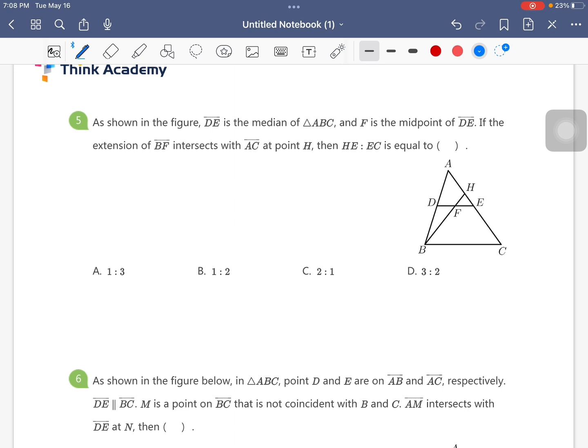Okay, and the fifth question: DE is the median of the triangle ABC, and F is the midpoint of DE. If the extension of BF intersects with AC at point H, then what's the AE over EC?